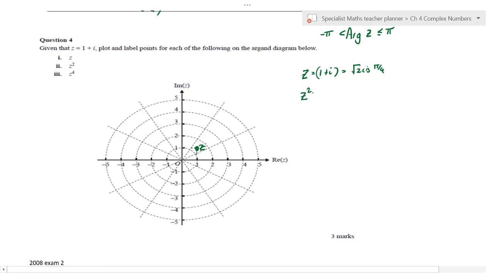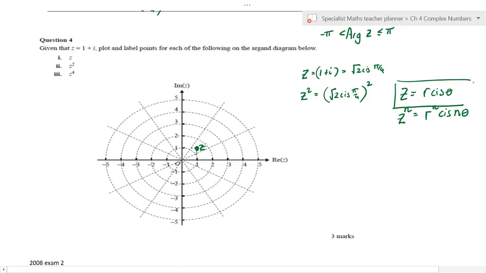Now, z squared, well, let's not deal in Cartesian. Let's deal in polar form. So if I've got root 2 cis of pi on 4, we can use De Moivre's theorem. And that is, De Moivre's theorem basically states, which you should have in your notes, if z is equal to r cis theta, then z to the power of n is equal to r to the power of n cis of n theta. All it is the law that you already have. Let's think about z.